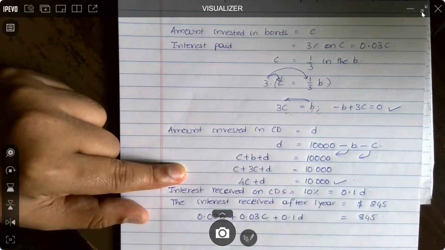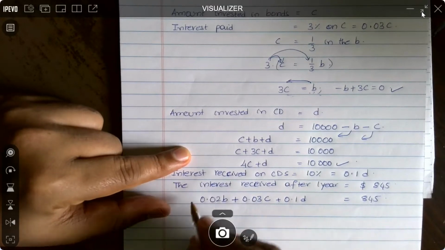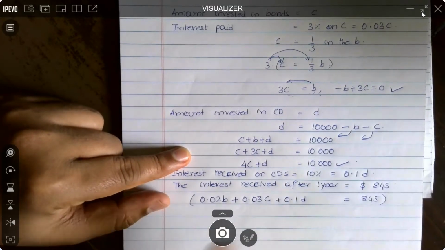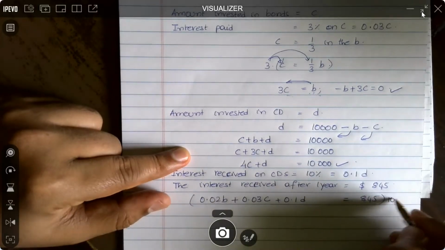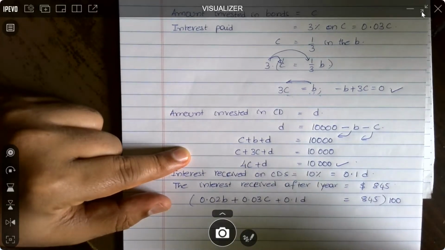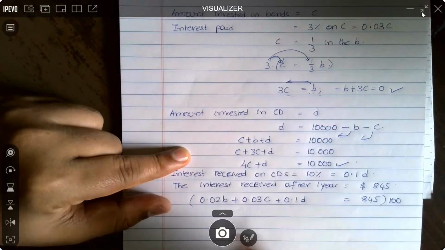Now I don't want to work with decimals in my problem. If I want to get rid of the decimals, I multiply by 100.